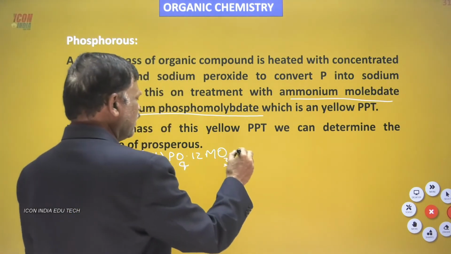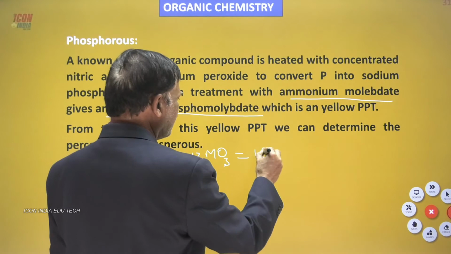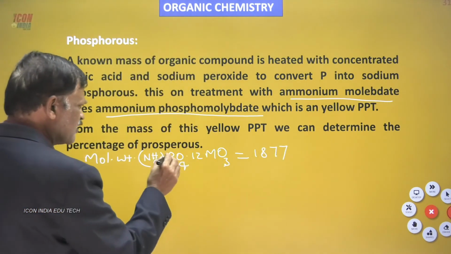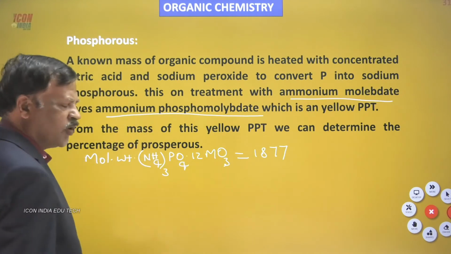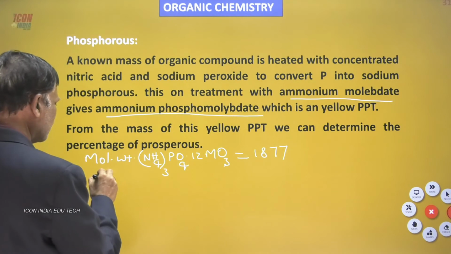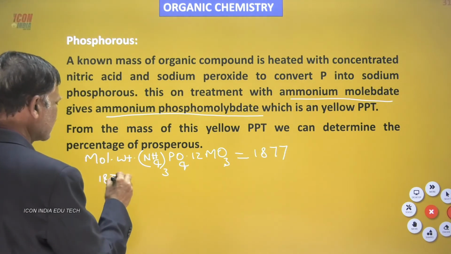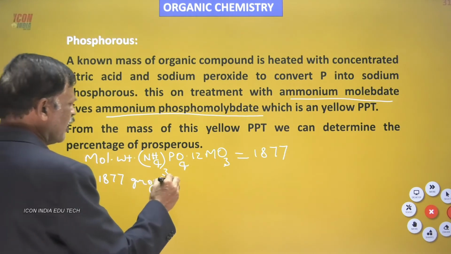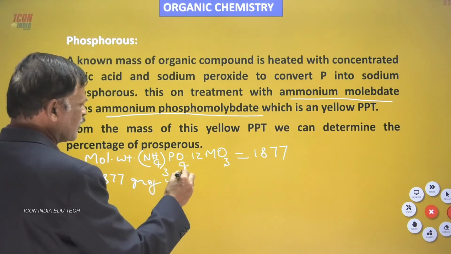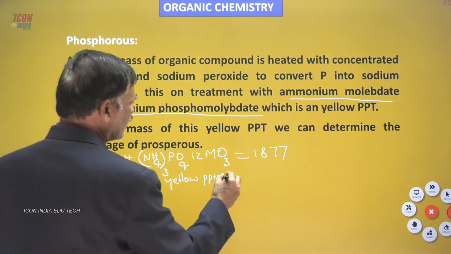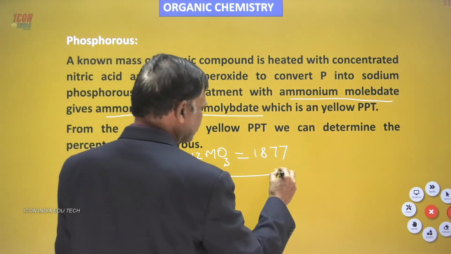Now its molecular weight is so high, 1877. In the 1877 grams, how much phosphorus is present? Only one phosphorus, so 31 grams. So 1877 grams of this yellow precipitate or ammonium phosphomolybdate contains just 31 grams of phosphorus.